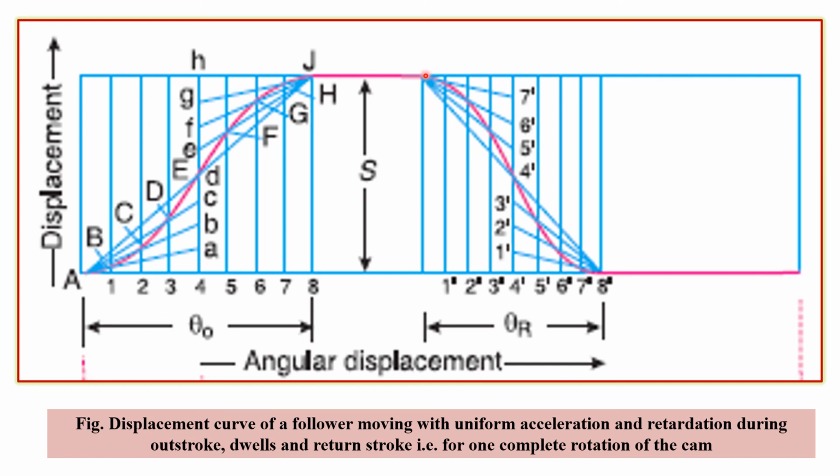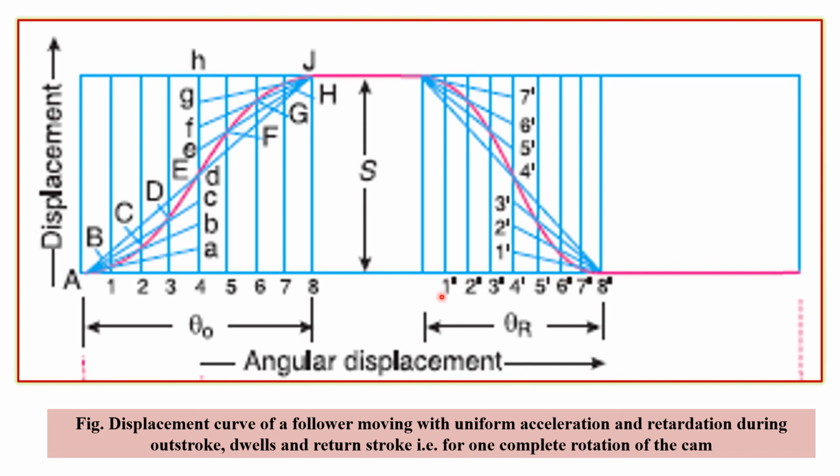Then after this, the cam undergoes further rotation, and it basically turns through an angle equal to the return stroke angle. So during its return stroke, we again follow the same procedure. We divide this return stroke angle of the cam into n, that is an even number of equal parts.